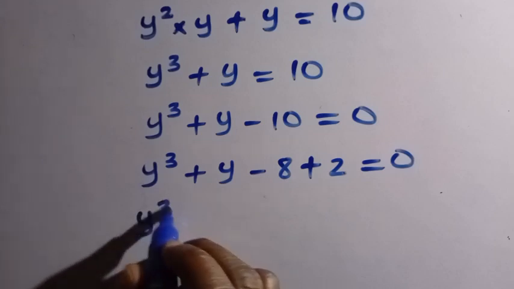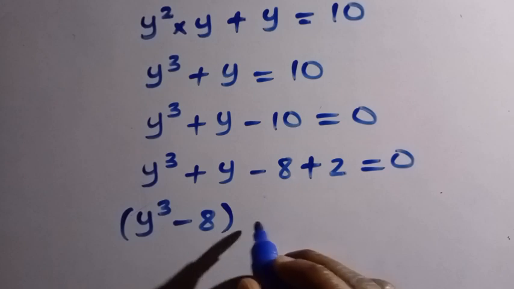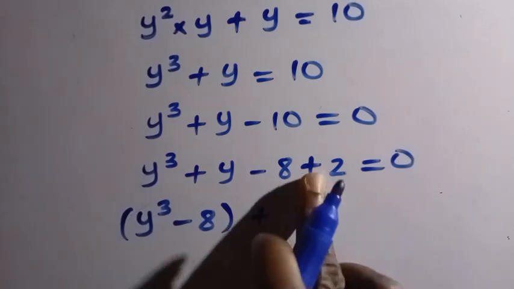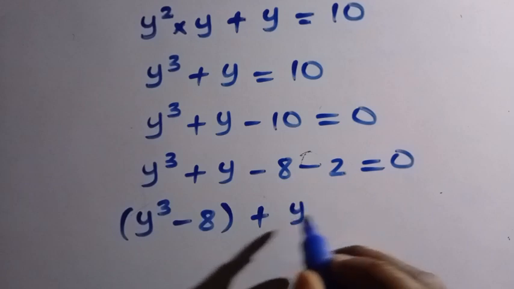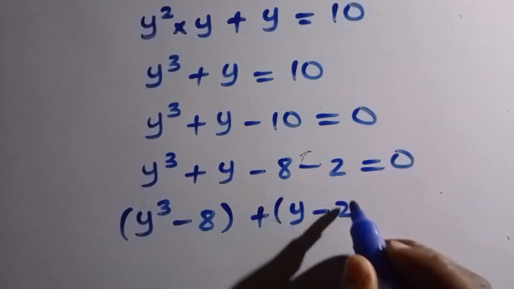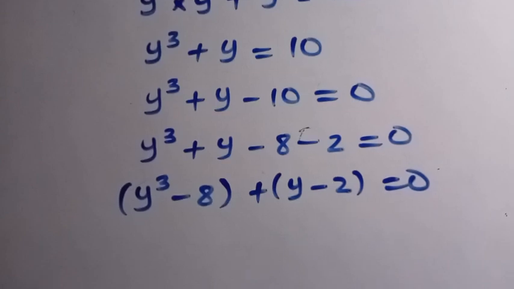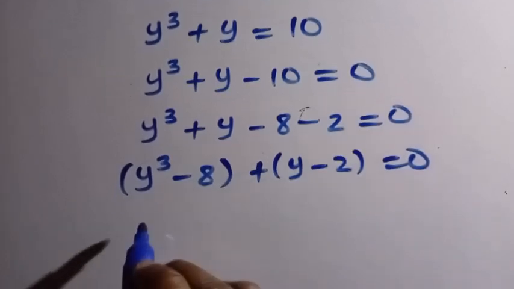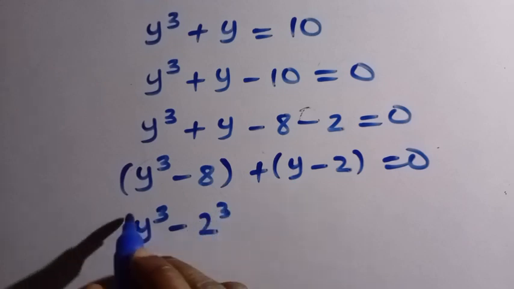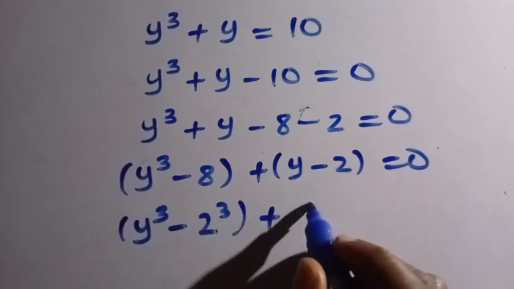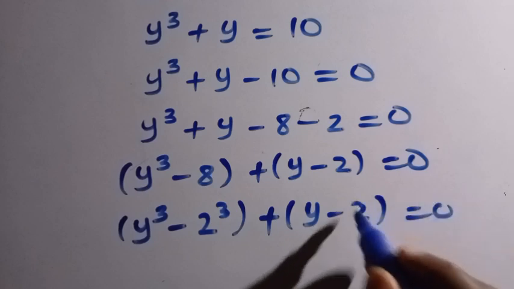So we have y cubed minus 8 in brackets, plus, sorry, this is negative, y minus 2, and this equals 0. So we can write this as y cubed minus 2 cubed plus y minus 2 equals 0.